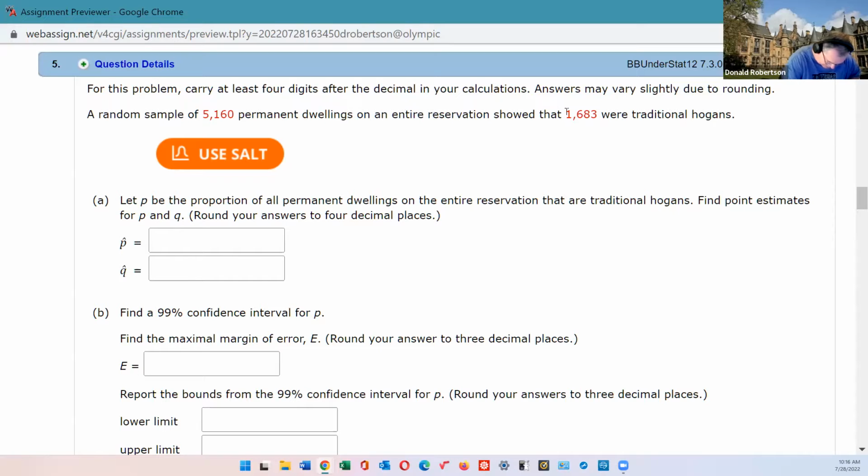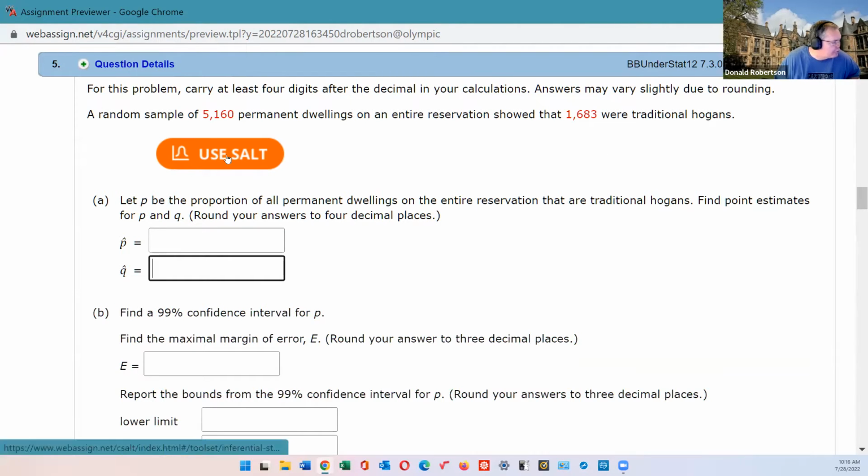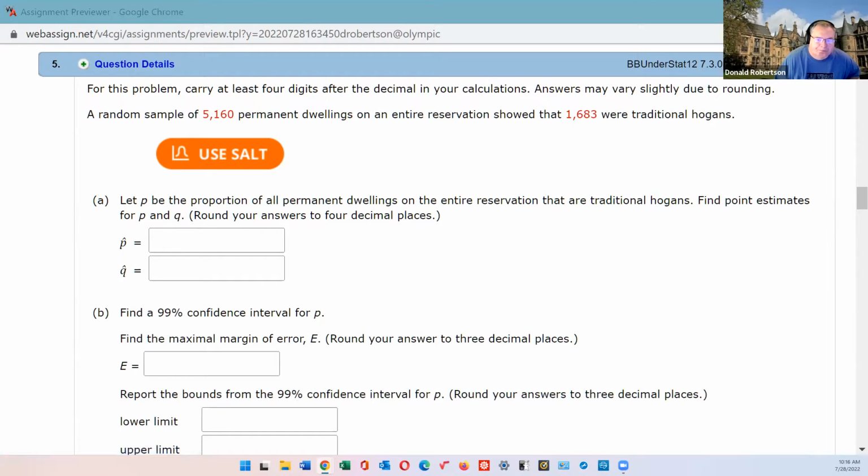So it looks like more people probably stay in modern style houses, for want of a better word, rather than the traditional style, which is okay. And do you see that funny P hat and now the Q hat I mentioned? Right, let's just do this one in StatCrunch. I've got the numbers I need.